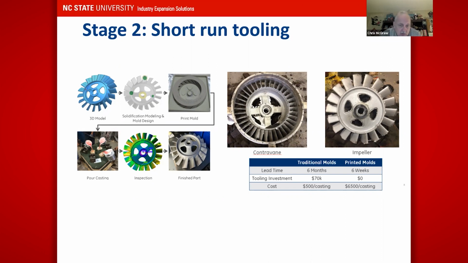There was no tooling investment other than my print time, but it cost me $6,500 to make that one part. But still, look at $6,500 versus $70,500. And now I've got a part I can use and test. So for short run, it's going to be a great application, to get up and running and do some testing and whatever I need to do from that perspective.